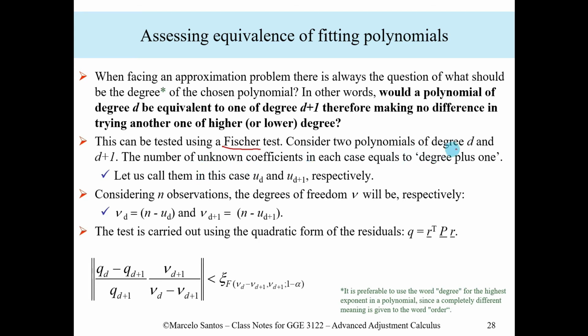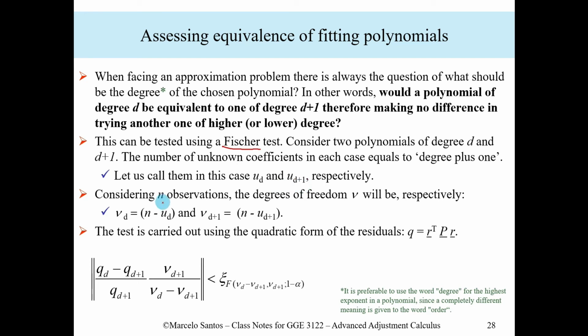So consider two polynomials of degree d and d plus 1. The number of unknown coefficients in each case equals the degree plus 1. Let us call them u_d and u_(d+1). This is the number of unknown coefficients.